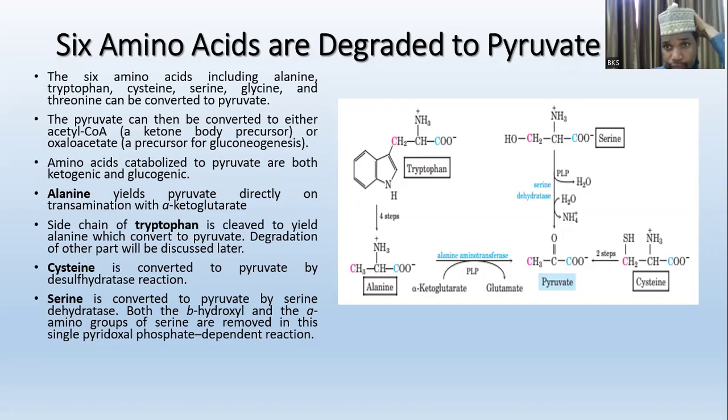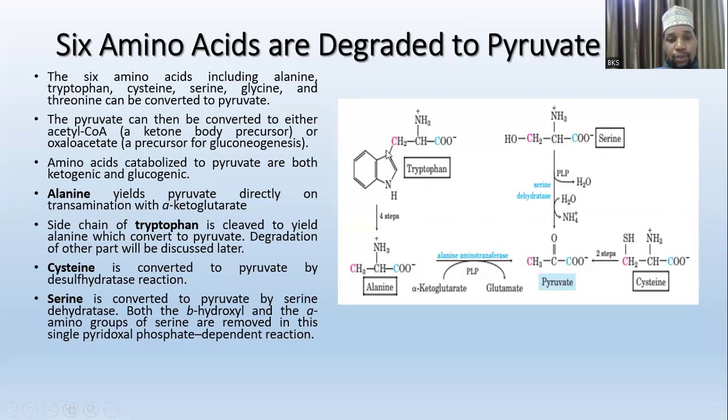So through a four-step reaction, tryptophan leads to the release of alanine, this group, which is basically alanine. And that alanine, I've shown you how alanine can be converted to pyruvate.